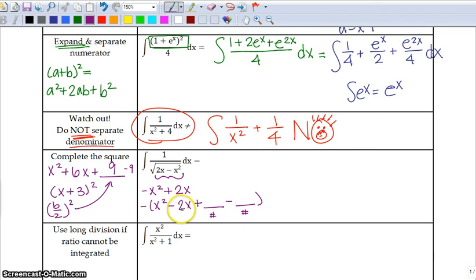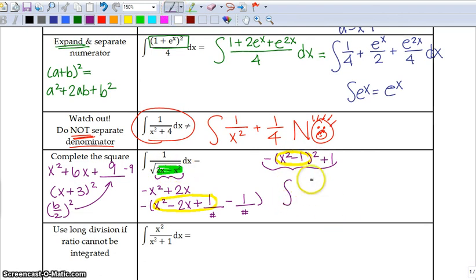Half of negative 2 is negative 1, square it, 1. But if I add 1, I subtract 1. So now I have negative of x minus 1 quantity squared, and that matches with this. And then I have minus 1, so that gives me a plus 1. So this is what now will go inside the square root here.